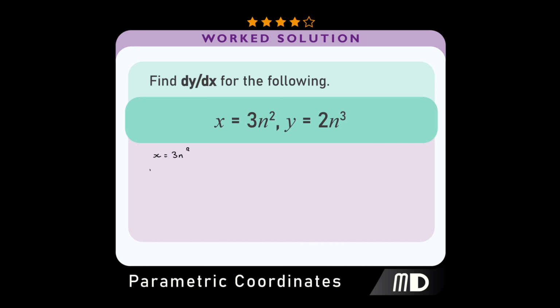So dx by dn is equal to 2 multiplied by 3n to the power of 1, which simplifies to give us 6n.